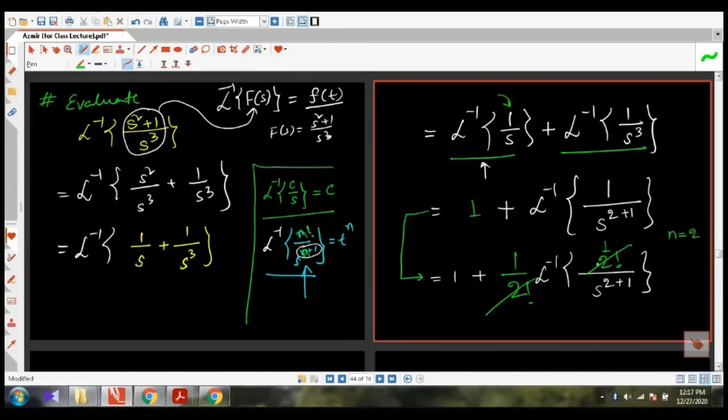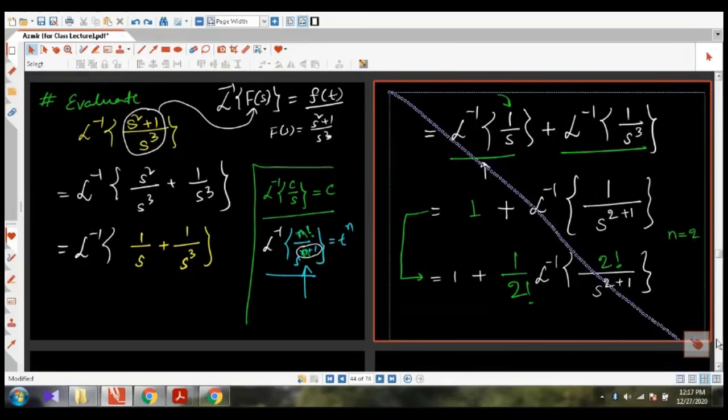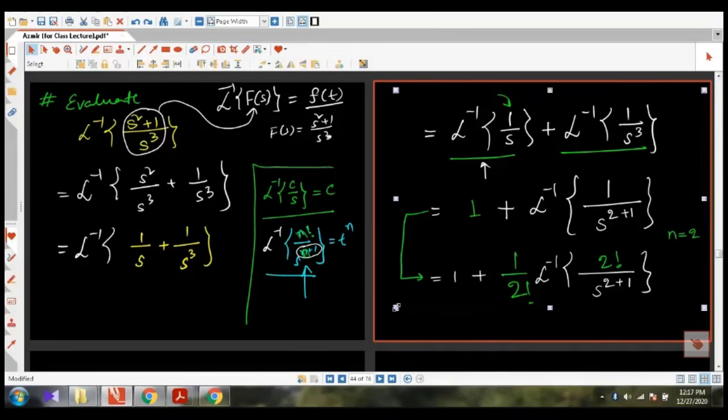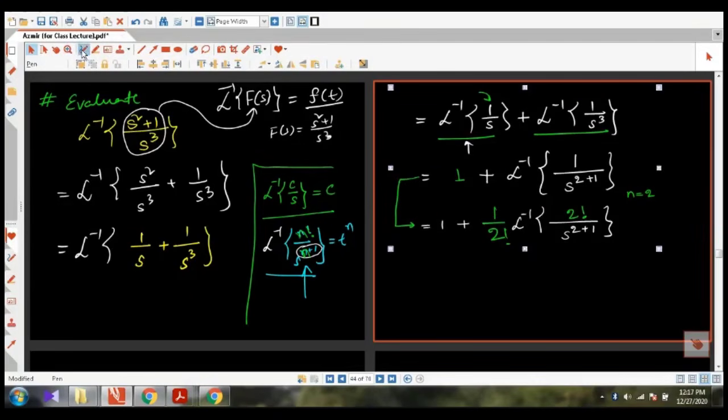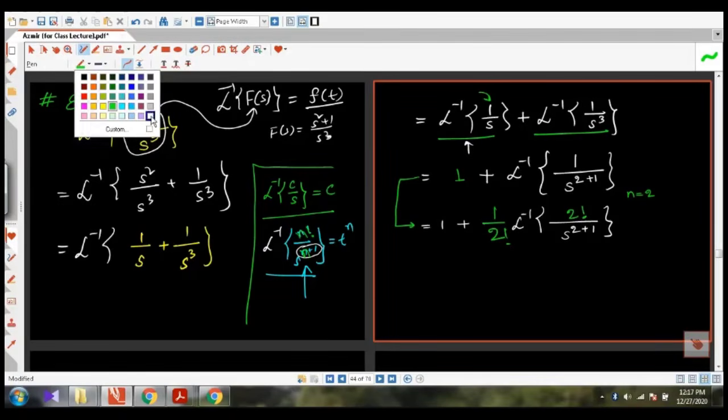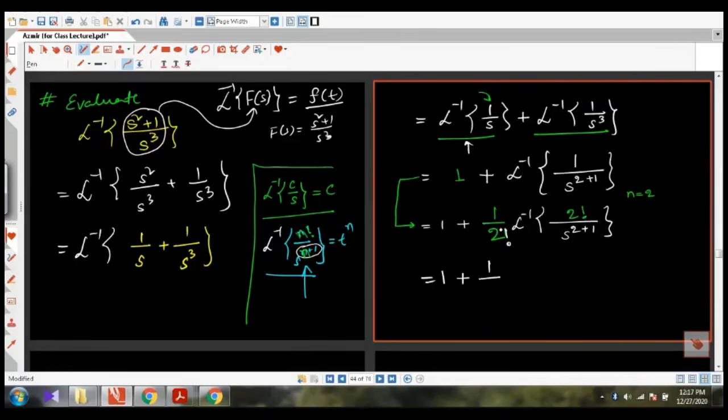Yes, sir. So now it is easy to solve. Now it is going with the direct formula. So that means 1, this is 2 factorial, plus 1 over 2 factorial means 1 by 2.